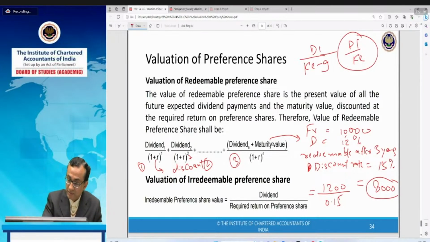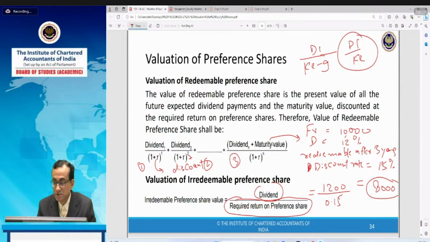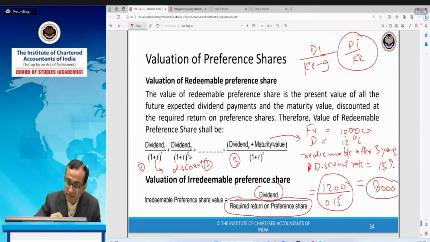Similar is the formula here: dividend upon required rate of return. This is the dividend, and this is the discount rate. In case of irredeemable preference shares, there is no growth rate. That is why we simply divide 1,200, the dividend amount, by the discount rate, which is 15%. Okay. I hope it is clear to you.